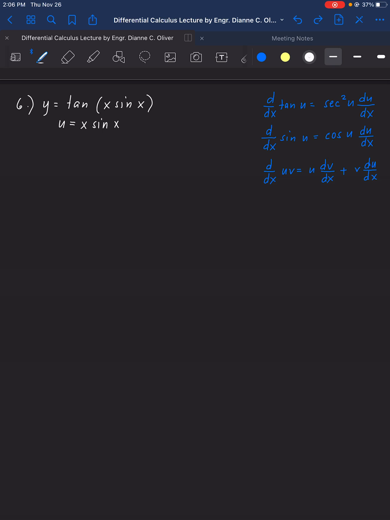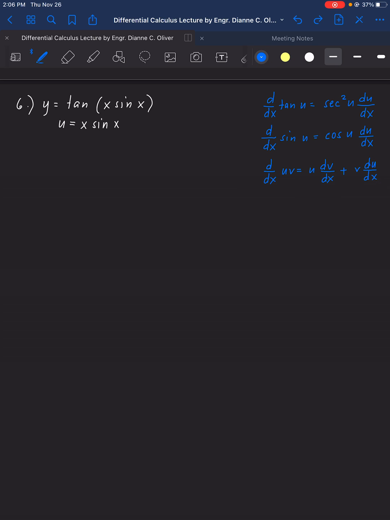Also, we can observe that here we have x and sine x. Therefore, we are using the derivative of a product. So, d/dx of uv is equal to u times the derivative of v over dx plus v times the derivative of u over dx.